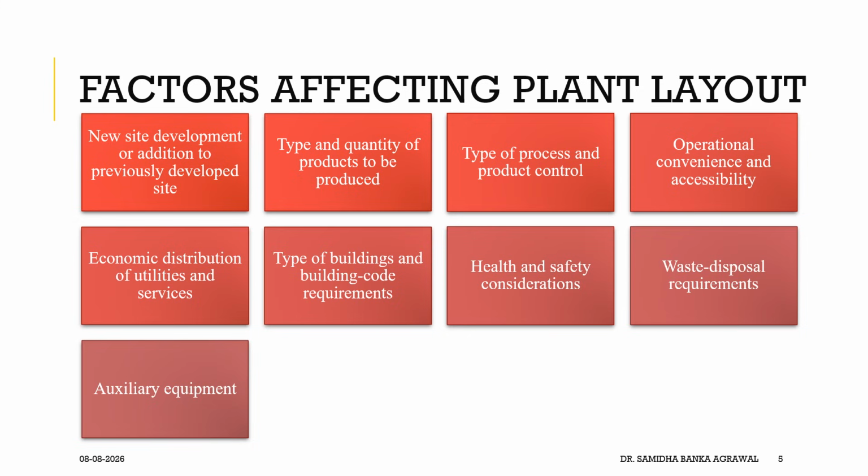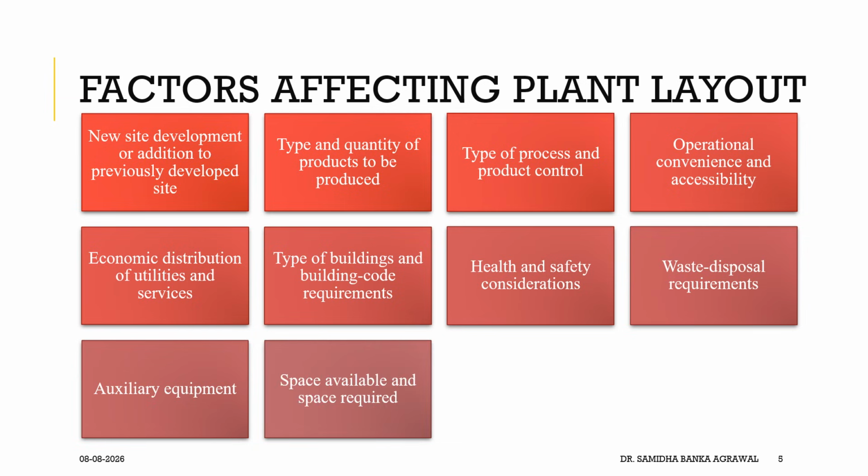Then we should have a provision for auxiliary equipment also: pumps, valves, compressors, maybe heaters if required, generators and so forth. And obviously how much space is available with us, how much is required right now, and how much you will be needing in future. Those things have to be taken care of very precisely.